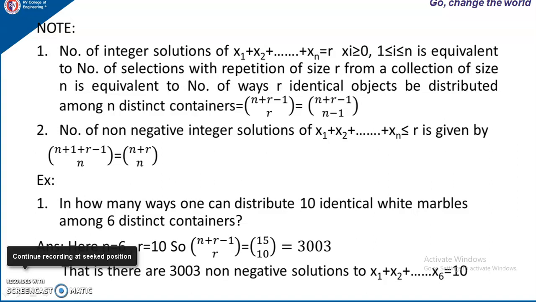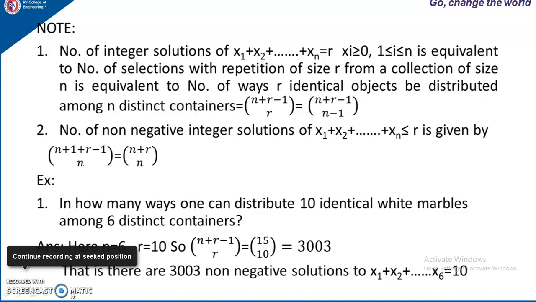Second one, the number of non-negative integer solutions of x1 plus x2 plus x3 up to xn less than or equal to r is given by n plus r choose n. Example, in how many ways can one distribute 10 identical white marbles among 6 distinct containers?